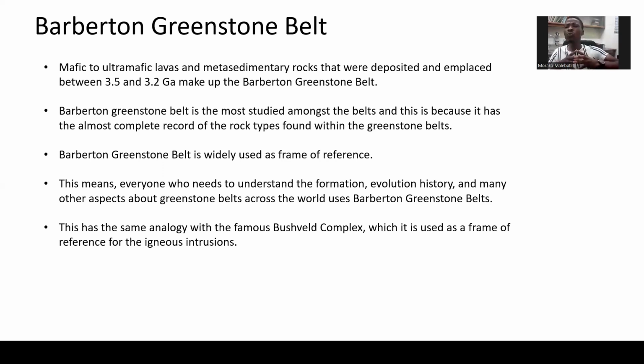And the Barberton Greenstone Belt is used as the frame of reference, same as the Bushveld Complex. So because it contains the almost complete record of all the rock types we expect to find within the greenstone belts, we use it as the frame of reference. That is to say, everyone who needs to understand the formation of the greenstone belts uses the Barberton.